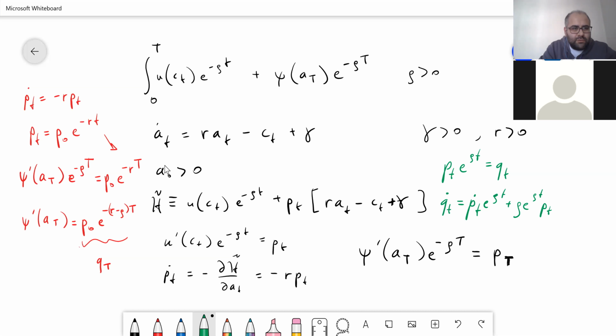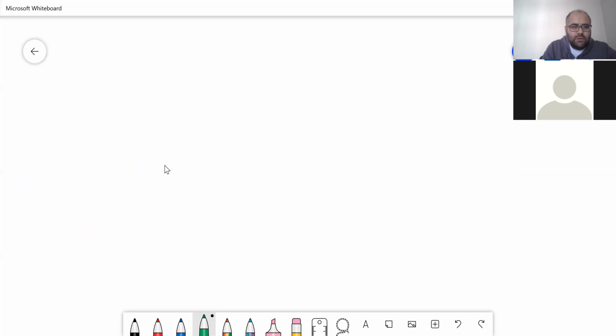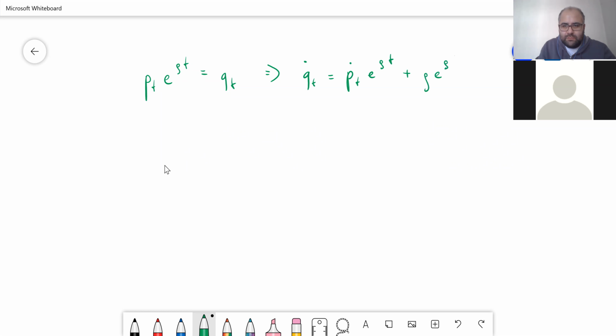let me just open a new page. So I have p(t) times e to the rho t equals q(t), right? By definition. This is the definition. So from this, I have q dot t equals the derivative of the first term times the second plus the derivative of the second term times the first, right?